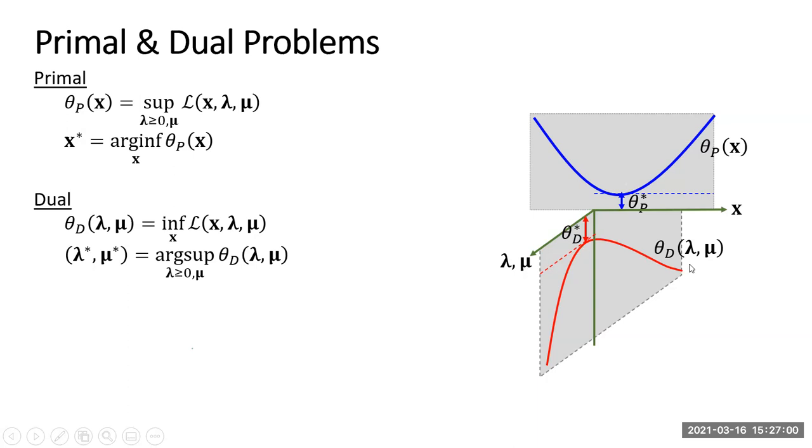The maximum of this is at this point here, that's theta d star. And so this point here and this point here will touch one another if Slater's condition is satisfied, if strong duality holds.